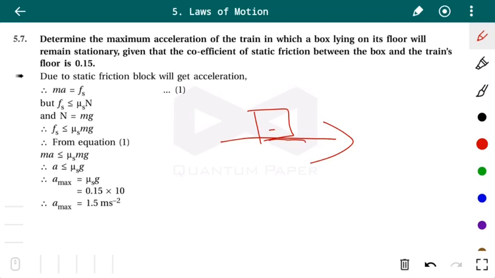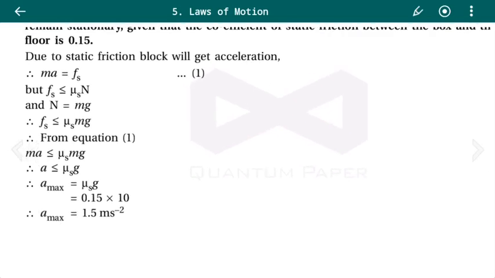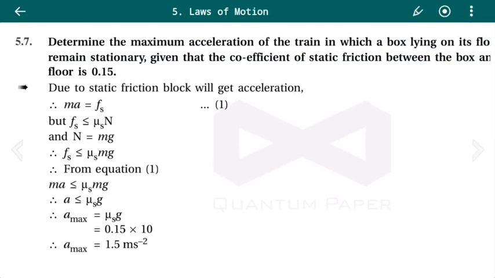So friction is provided by the floor of the train such that this box will not move. So what will be the maximum acceleration with which it can move such that the box remains stationary? Due to the static friction, the box will get acceleration.